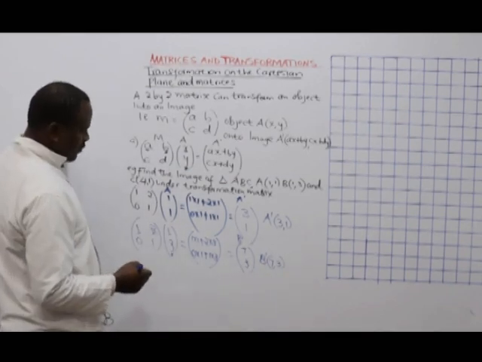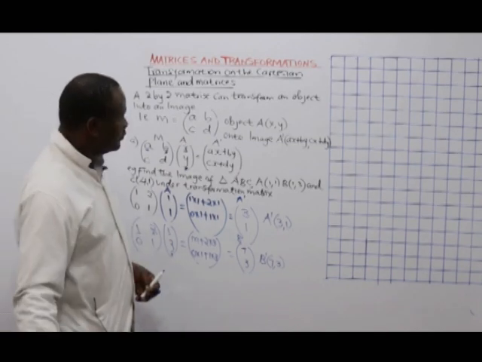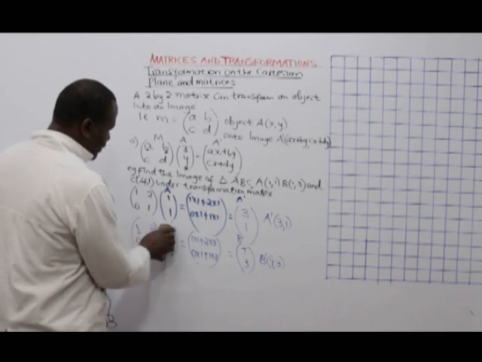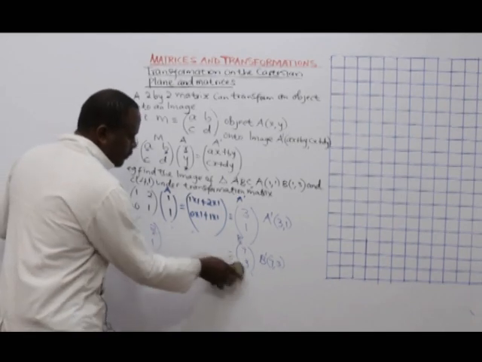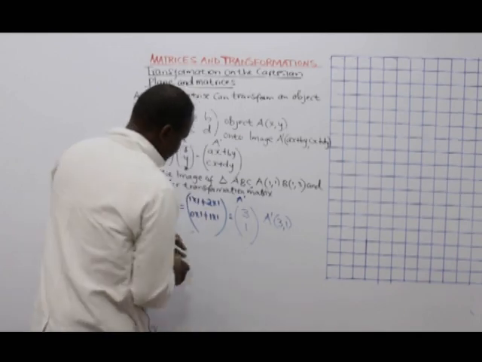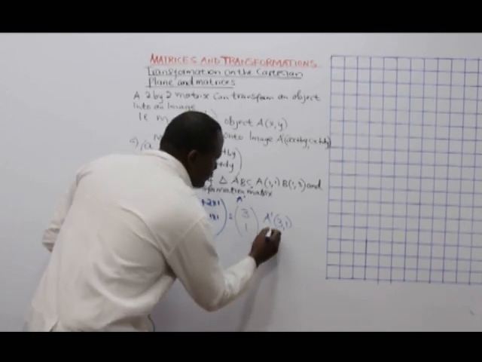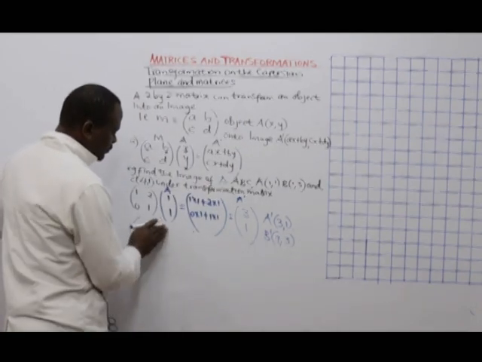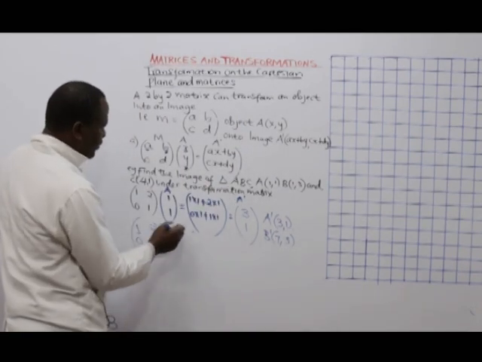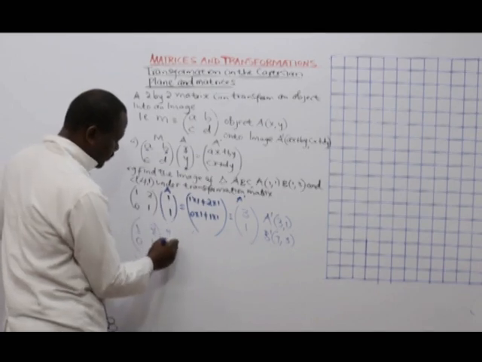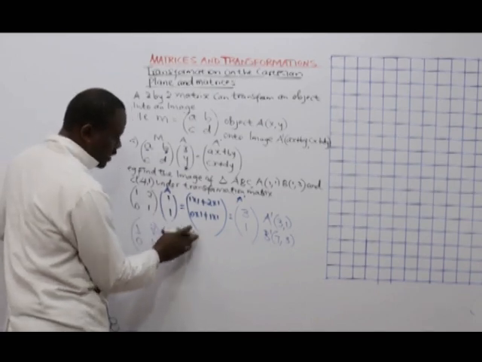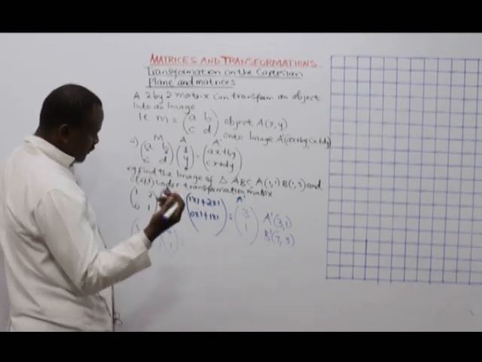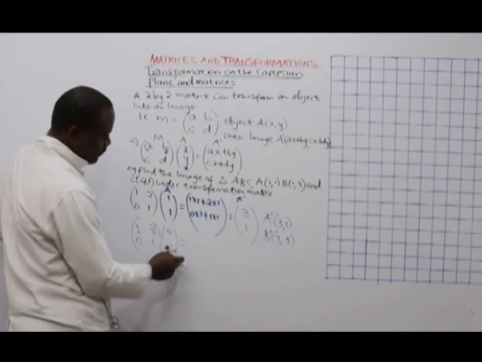Okay. Now we do the same with C. C is (4, 1). As usual, 1 times 4 is 4, 4 plus 2 times 1.